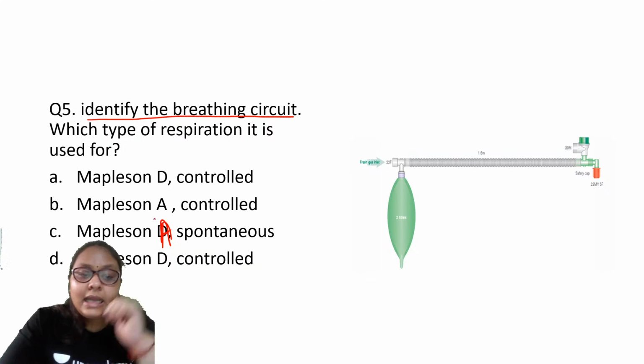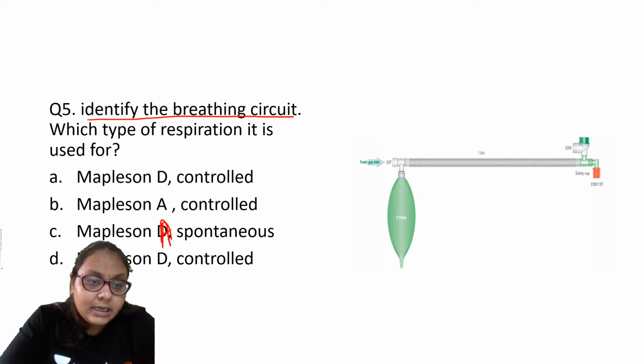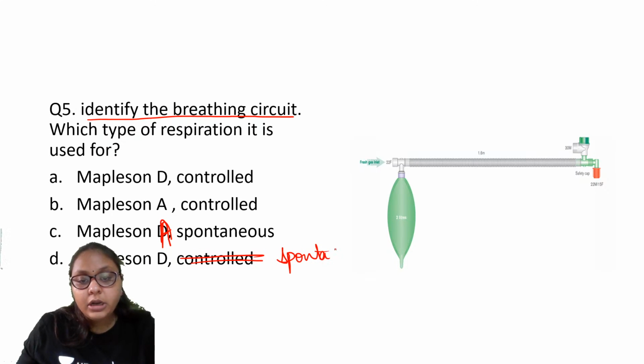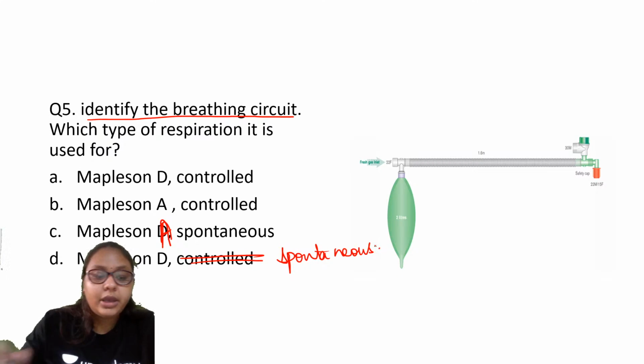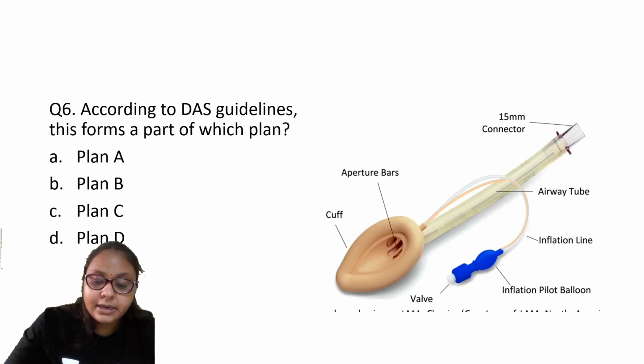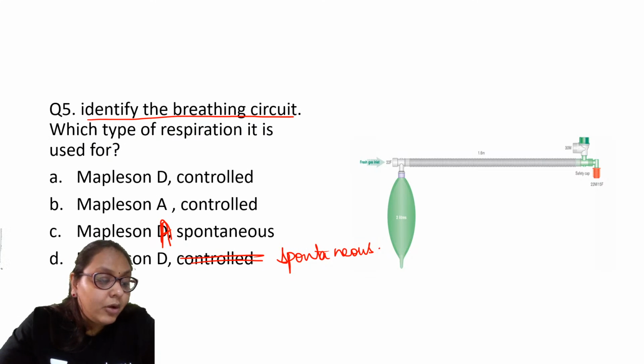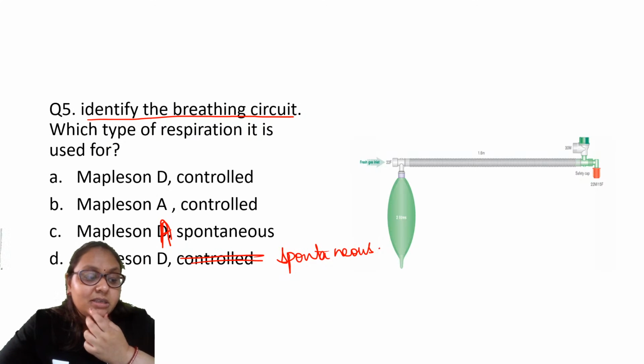Mapleson A circuit, which is used for spontaneous, or if it is Mapleson D, which is used for spontaneous respiration. What type of breathing circuit is it, and which type of respiration is it used for?